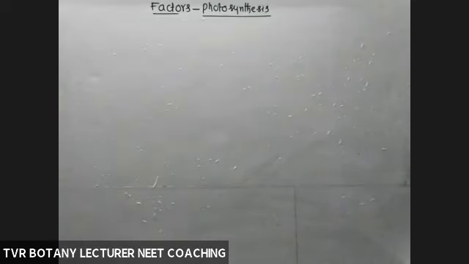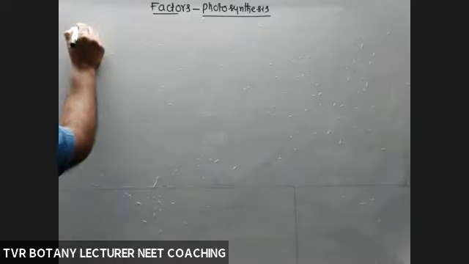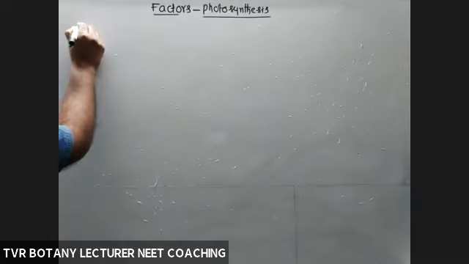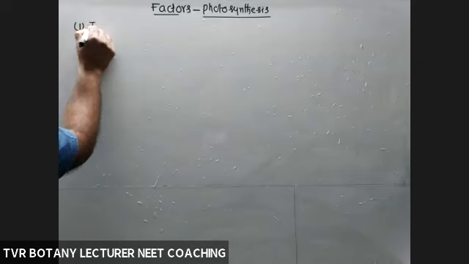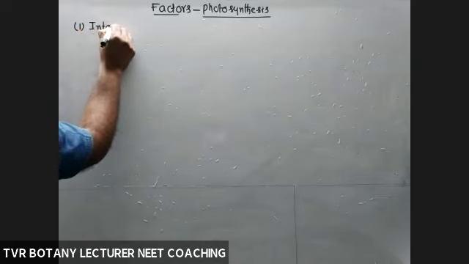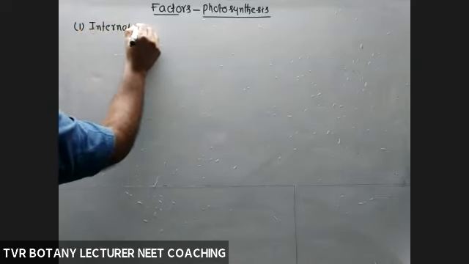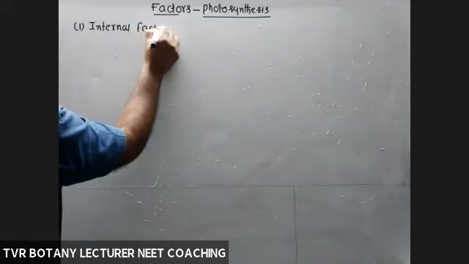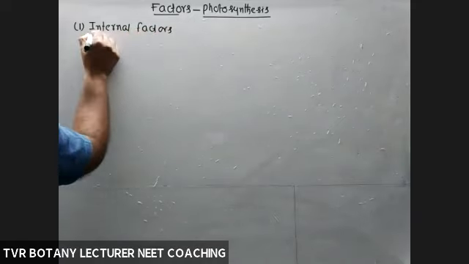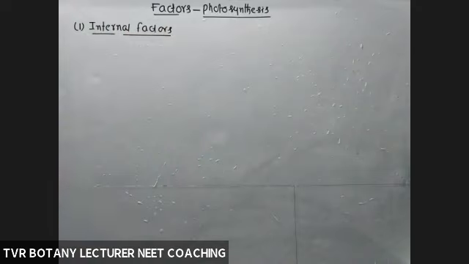So here photosynthesis is an anabolic pathway. It depends on, and we majorly divided the factors into two categories: internal and external factors. Internal factors, plant factors.